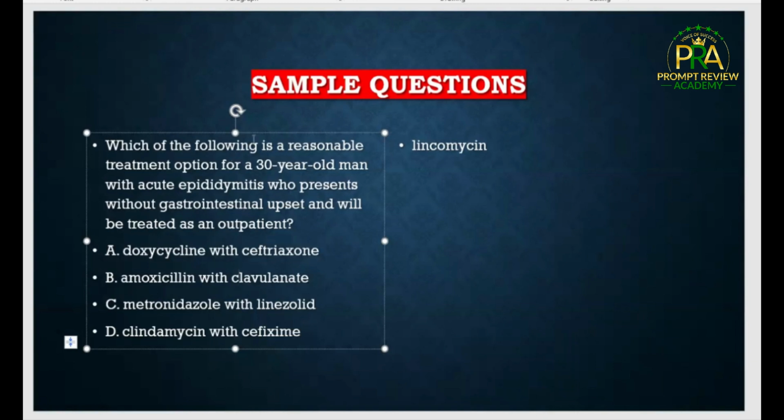The buzzword here is that this patient is 30 years old, and we say that when a patient is less than 35 years old, because this patient is 30, the treatment will be doxycycline with ceftriaxone because the patient will be treated as an STD.